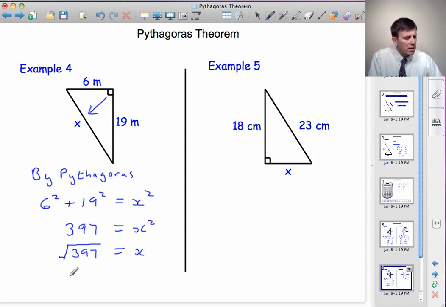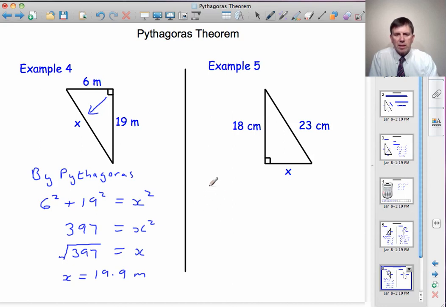So on this calculator, inverse square root sign, and it's not a whole number. Indeed, the answer to Pythagoras problems doesn't have to be a whole number. And to one decimal place, I'm going to say x is equal to 19.9. 19.9 what? Meters, because the other two measurements are in meters.